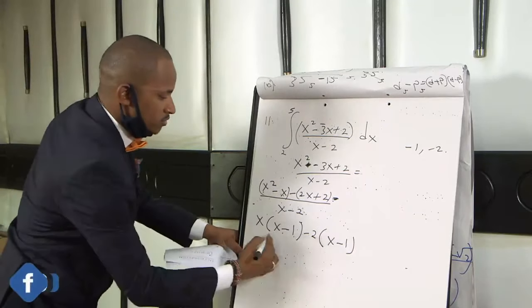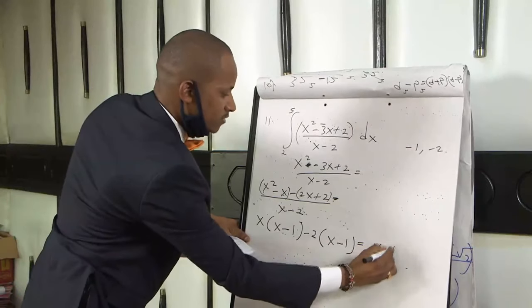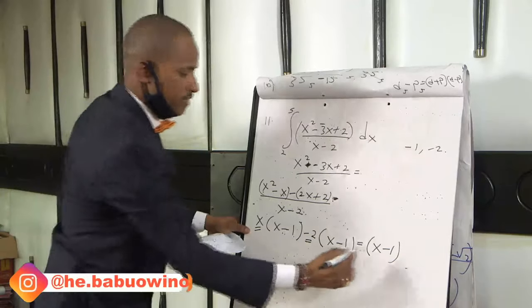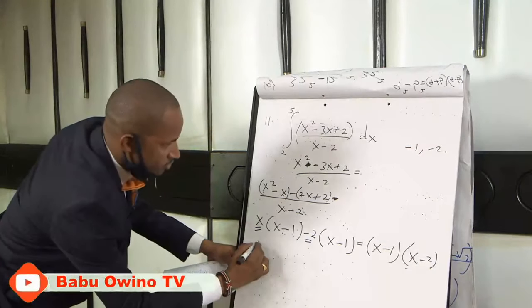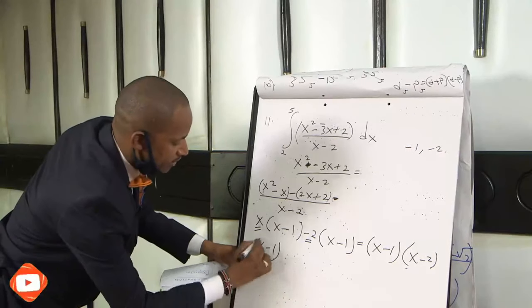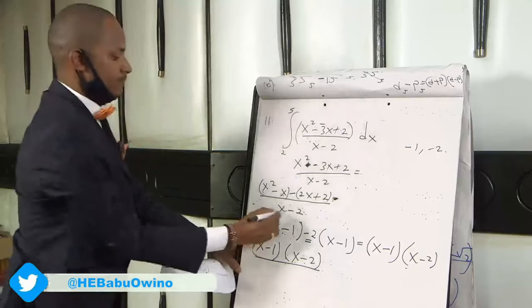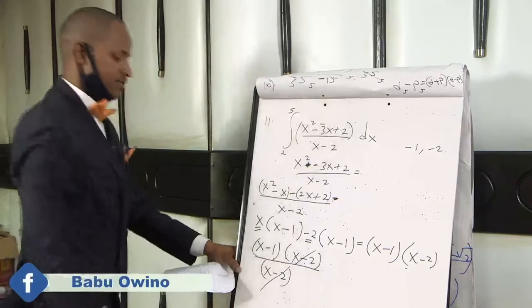What is common to these two is x minus 1, into, you collect this x and minus 2 together also, x minus 2. So we have our equation simplified as x minus 1 into x minus 2 divided by x minus 2. So this x minus 2 and this x minus 2 goes.